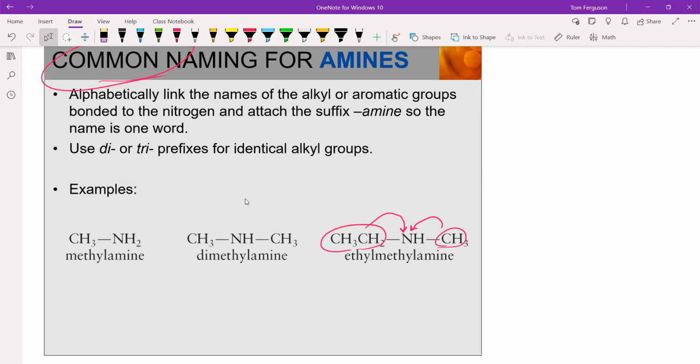Yes, except the amino group can be used as a branch or a functional group as well, which I'm going to get to in the next slide. But yeah, that's how you look for it. You'd go, what's hanging off of that? Okay, just wanted to make sure. Thank you.